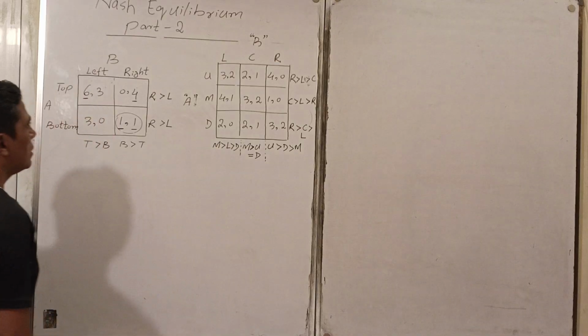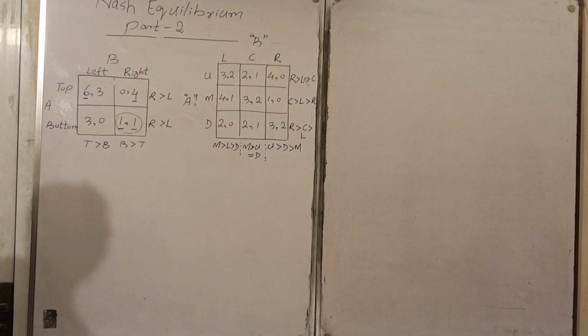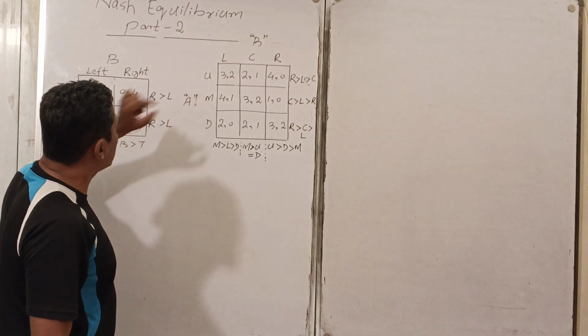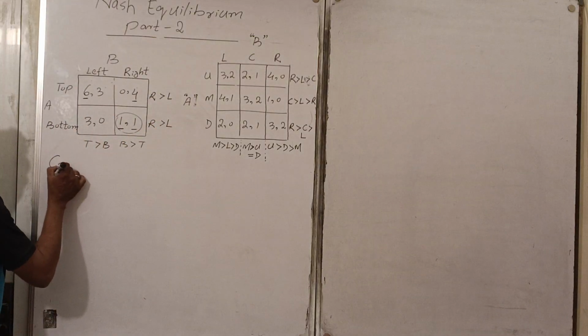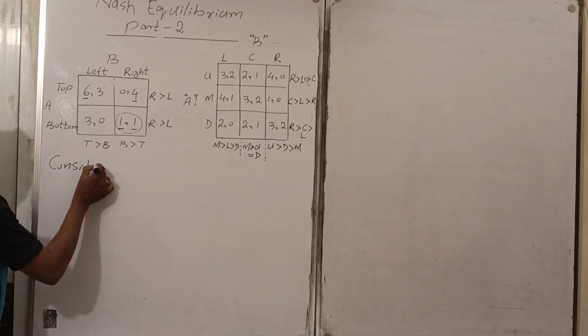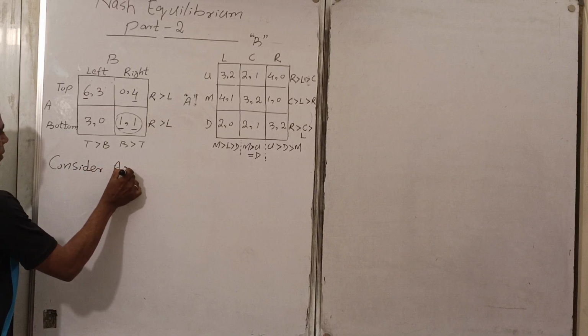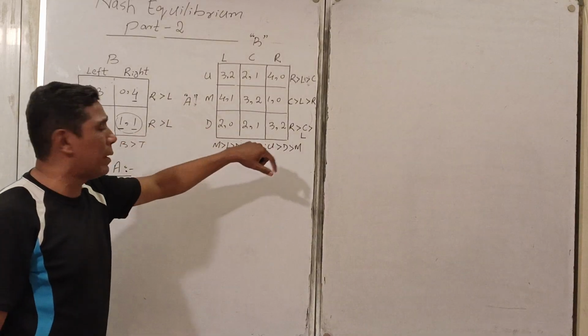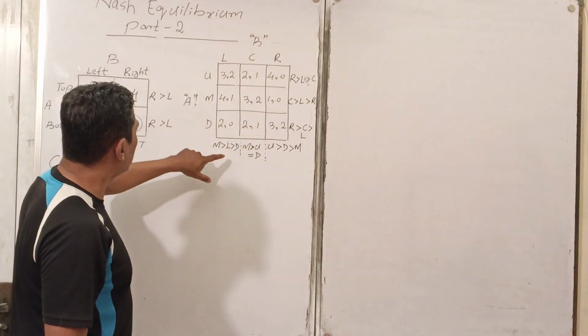So now you can compare. So what have you concluded here? Just now consider player A first. Is there any dominant strategy for player A? Look at this one.